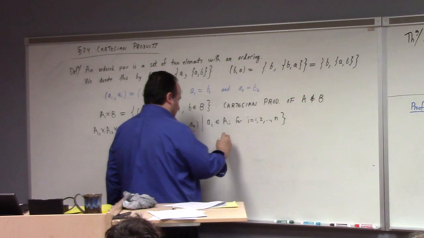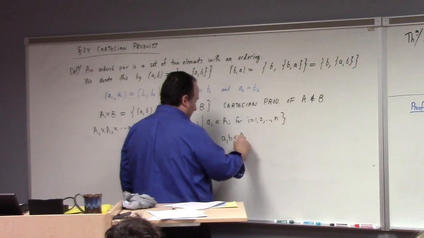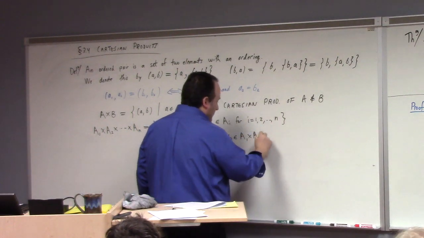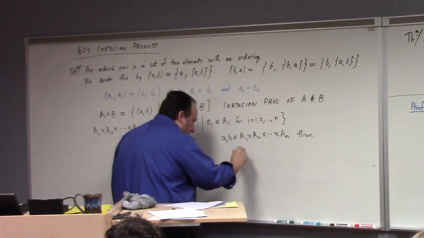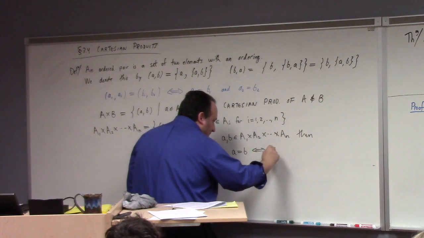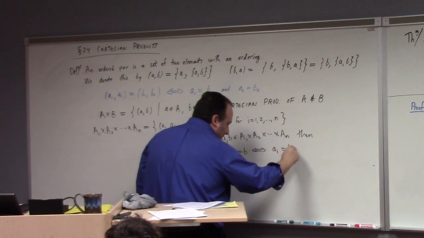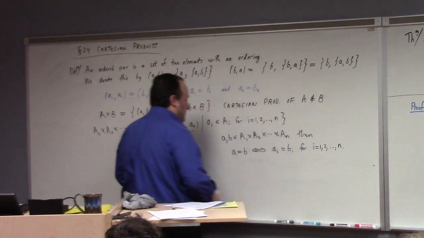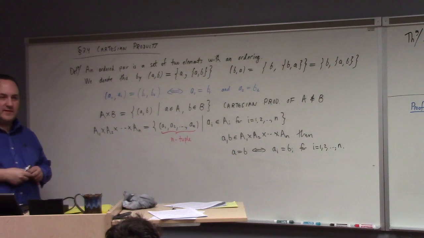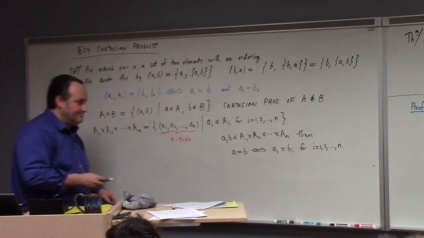So if a and b are both elements of A1 Cartesian product A2 Cartesian product An, then a equals b if and only if a sub i is equal to b sub i for i equals 1, 2, ..., n, for every component. I just used a word, didn't I? a sub i is the ith component of a. You write that down.